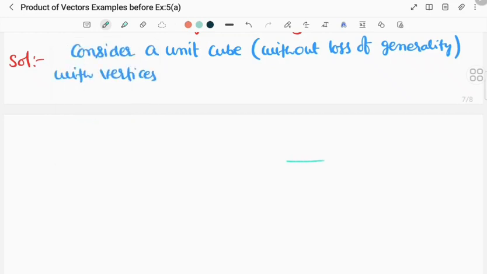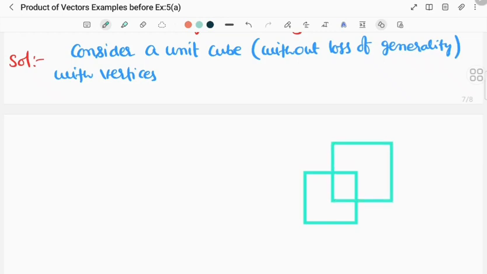So first you draw like this. After that you join like this.